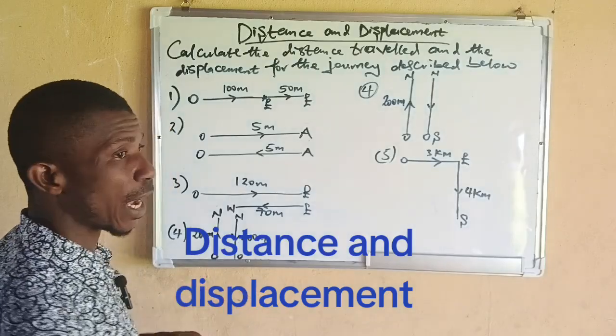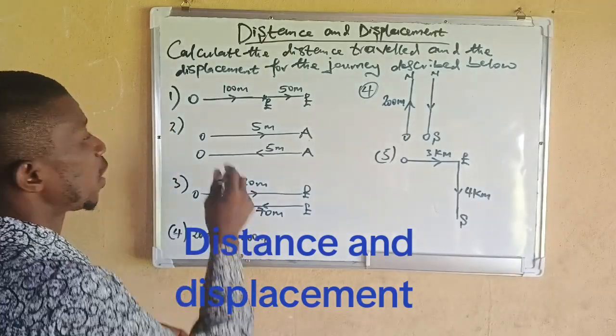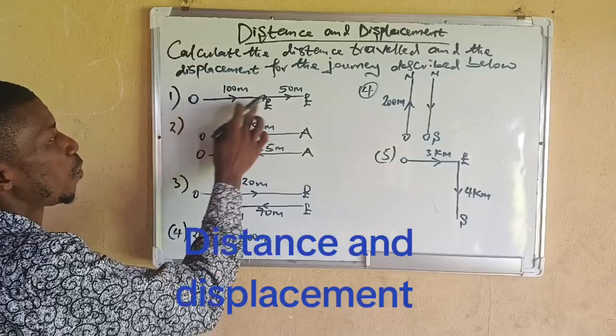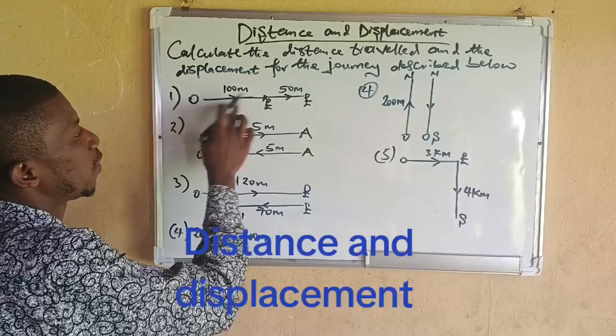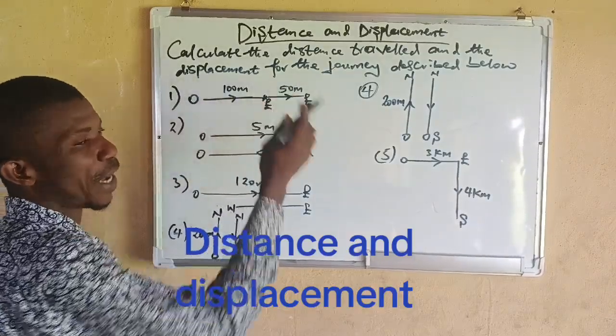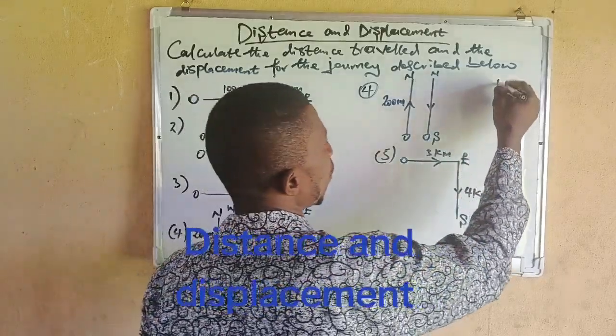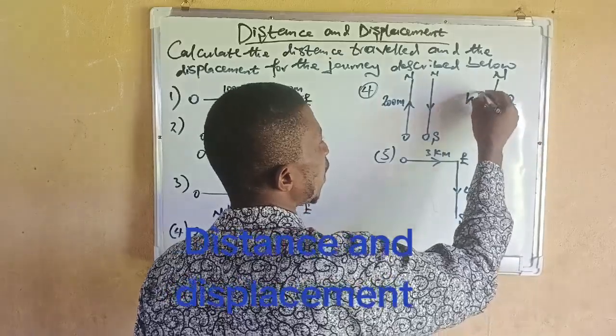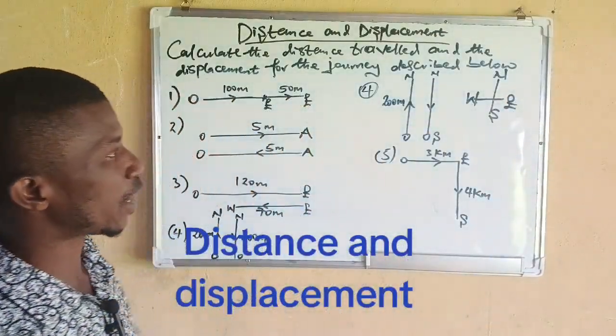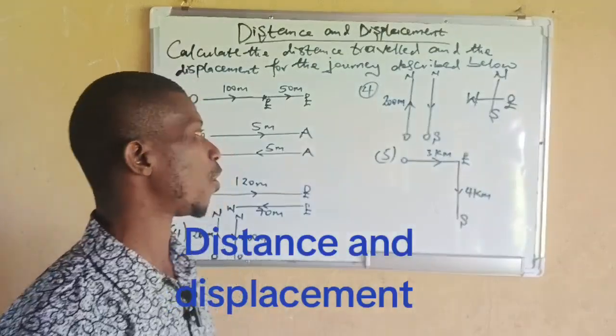I have an object. An object moves from point O to point E, to the east. You know, we have 4 cardinal points: the north, the south, the east, and the west. A body can travel in any of these directions.